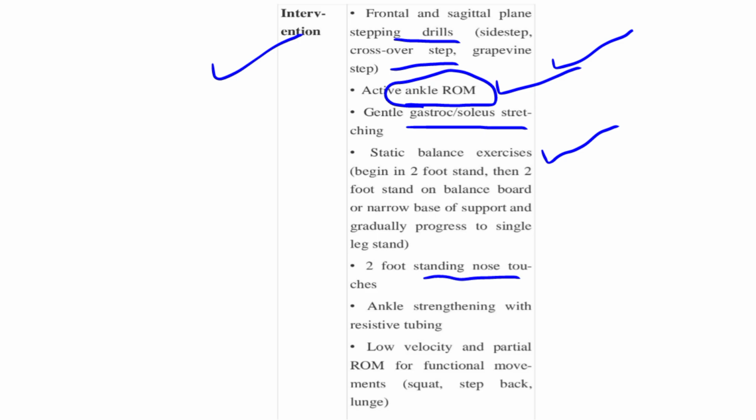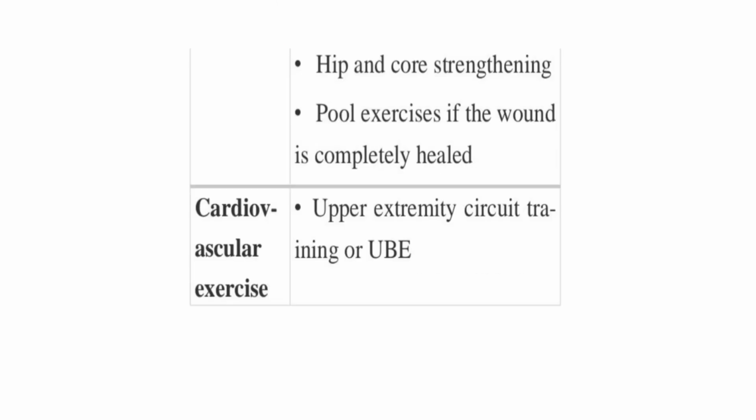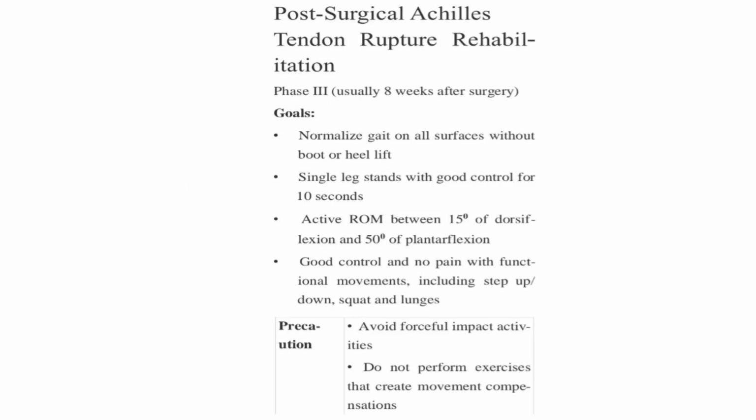Ankle strengthening with resistive tubing, and low velocity, partial range of motion functional movements: squat, step back, and lunges. These strengthening exercises are also done in the late second phase. Hip and core strengthening and pool exercises if the wound is completely healed. Cardiovascular exercises are also very important.